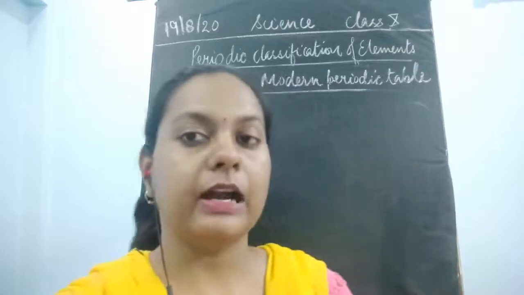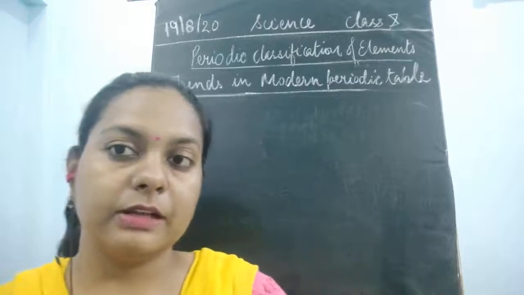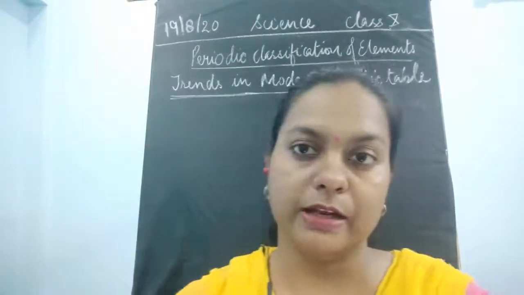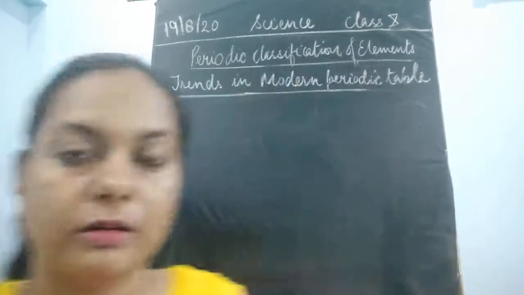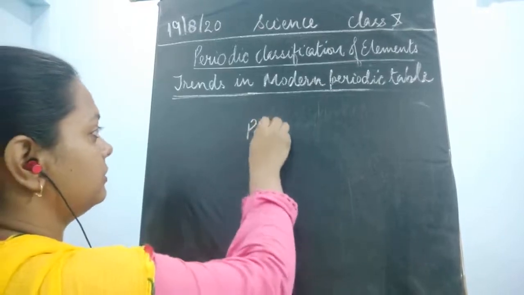What is the reason regarding all these trends in the periodic table? This periodic table is based upon the periodic function of each and every element. So what is that periodic function? We have already talked about this periodic function.